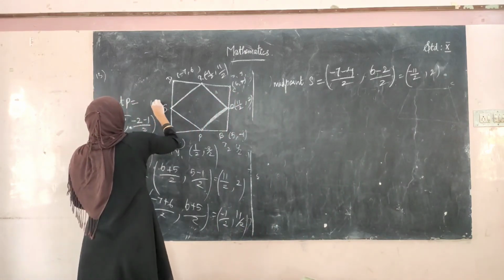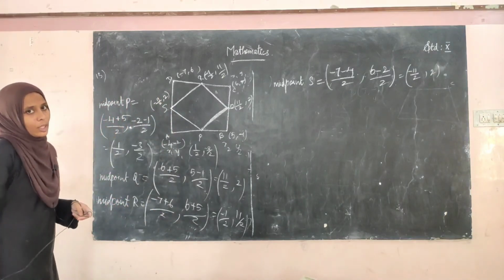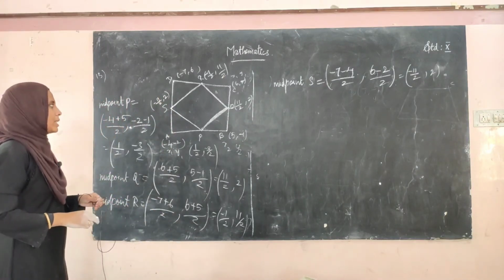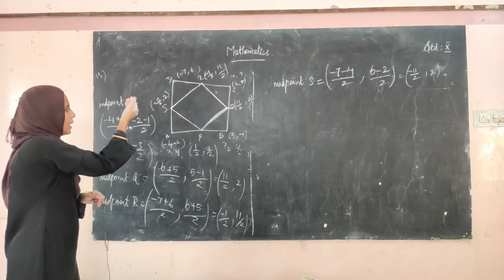So this is minus 11 by 2 comma 2. Okay, now we have found the midpoints. We have to prove this is a parallelogram, that is, we have to find the slopes of PS, PQ, QR and then RS, right?